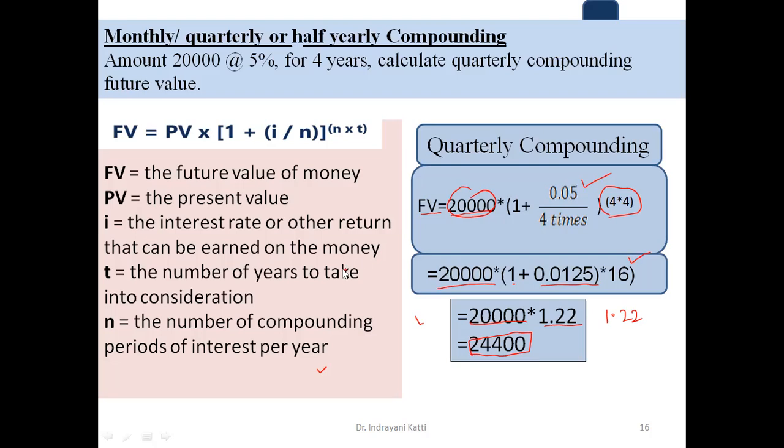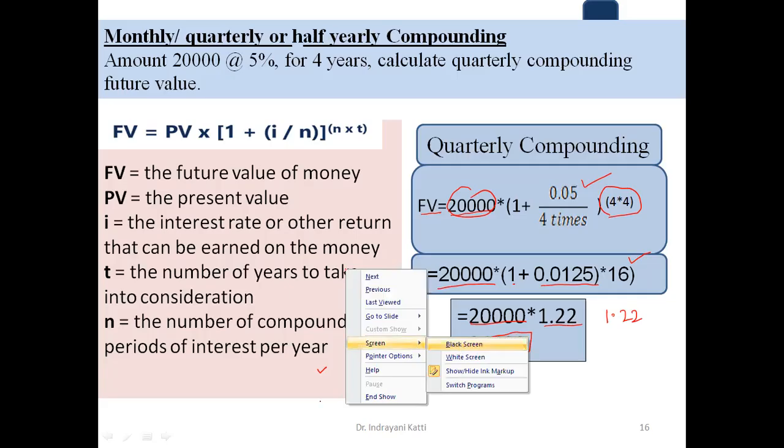So I will take you to the blackboard and show you how we are going to calculate this using the same trick. Okay, so let me explain one more time and you will get to know it becomes easy. That is a revision kind of thing. Here the formula for future value is present value multiplied by 1 plus, in bracket, I divided by n.